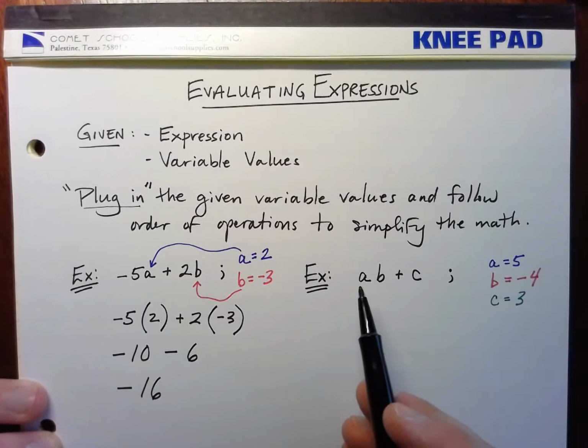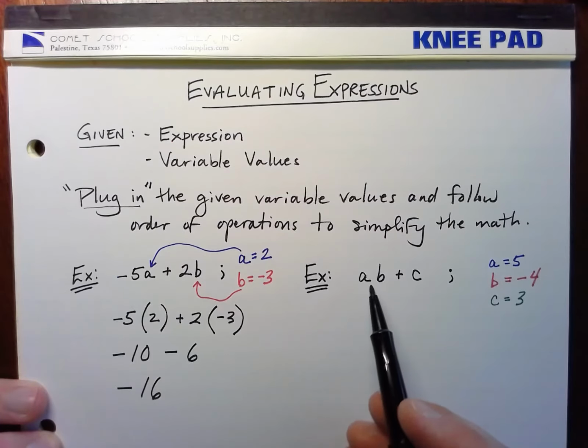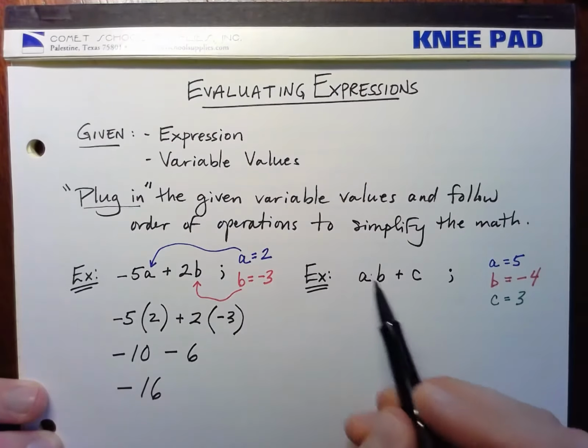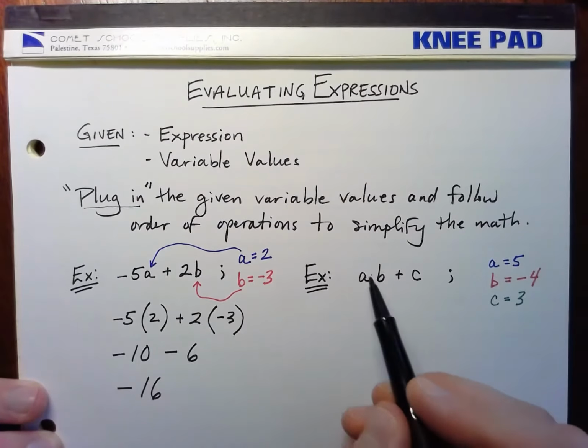Here's another example, AB, which means A times B, don't forget that, plus C, where A is 5, B is negative 4, and C is 3. So the A is just going to go in right there, and then it'll be multiplied by the B, which is just going to go in right there, and then we're going to add C, which is coming from there.